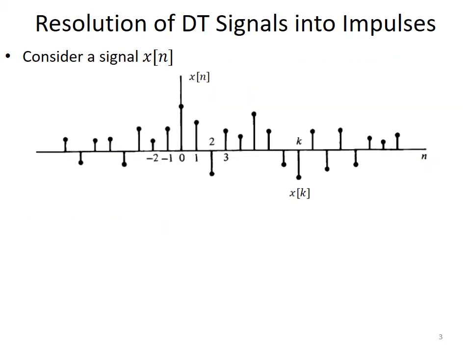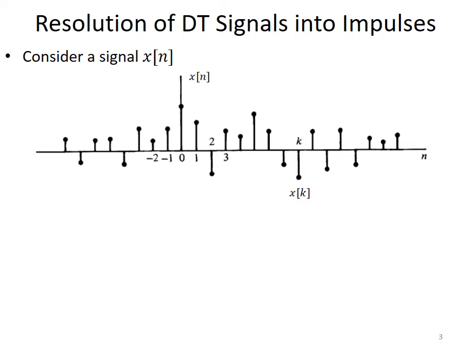So before discussing the actual topic, let me spend a few slides on resolution of DT signals into impulses. We have already discussed this topic during lecture number 2 when we were discussing the impulse signal.